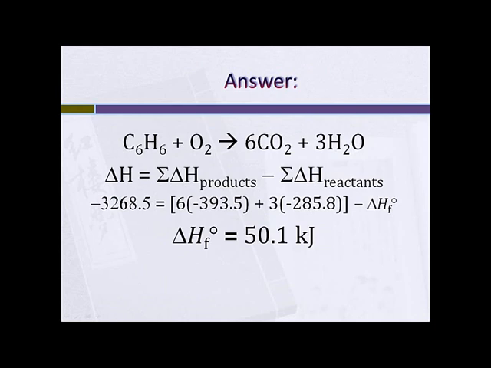You have the reaction up above. Products minus reactants gives you the delta H. Well, we know the delta H is negative 3268.5, so it equals 6 times the carbon dioxide value plus 3 times the water value minus our unknown, which is the heat of formation of the benzene, which is 50.1 kilojoules.